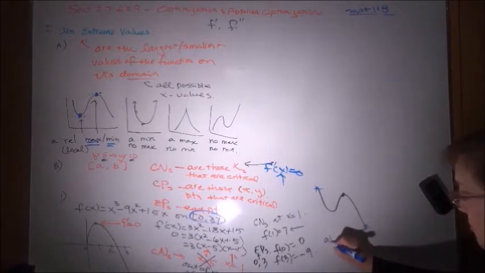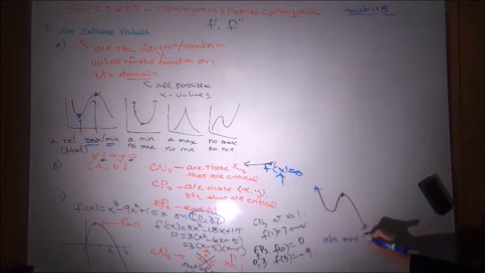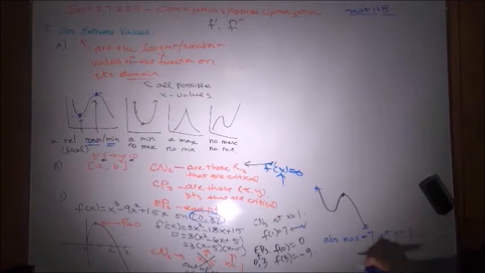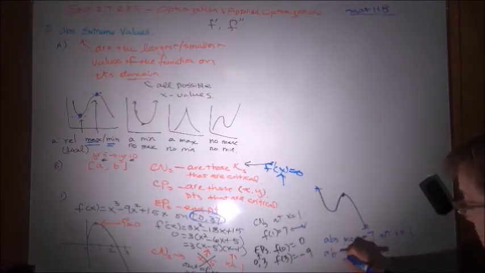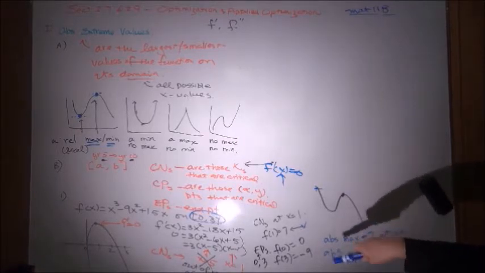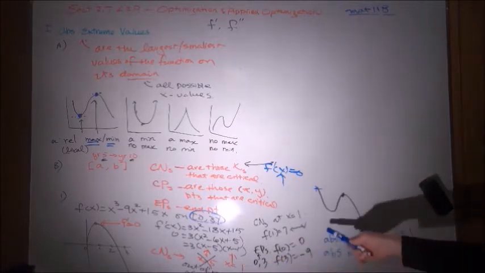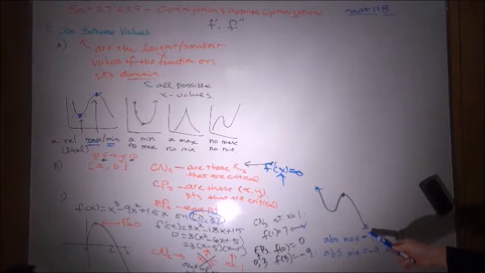So your answer would be: absolute maximum is 7 at year 1. Then this is the lowest one, so your absolute minimum would be -9 at year 3. That's how you look at the graph to decide, for the whole time, what's your highest profit and what's your lowest profit.